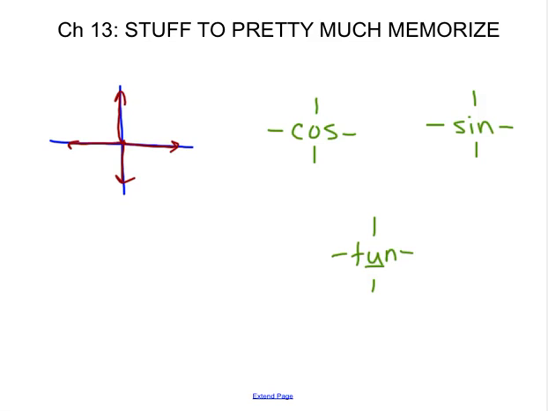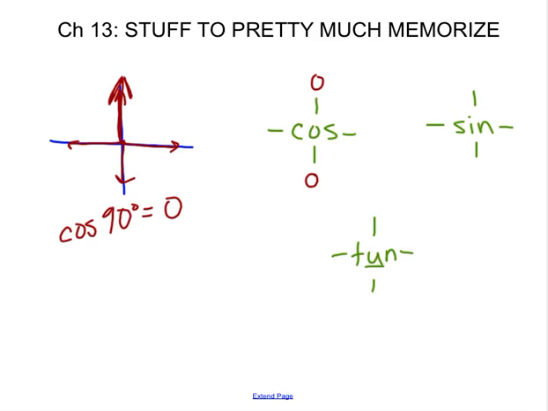Cosine, right here in the middle, is an O. So when we're up or down, the value is 0. So cosine of 90 degrees, which would be right here, would equal 0.